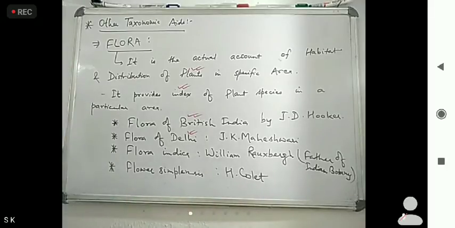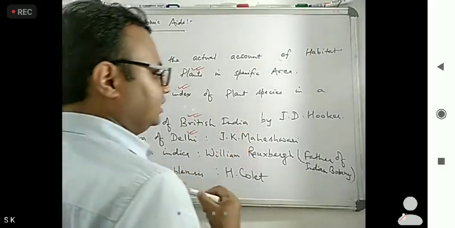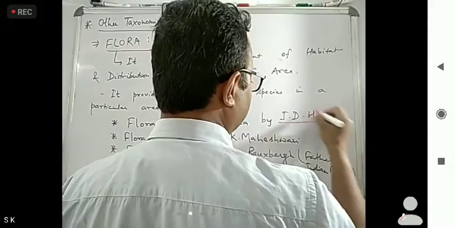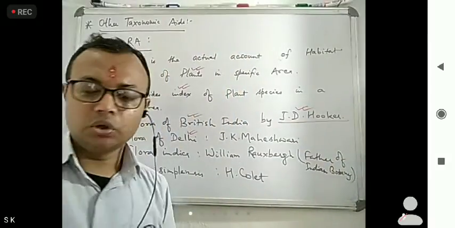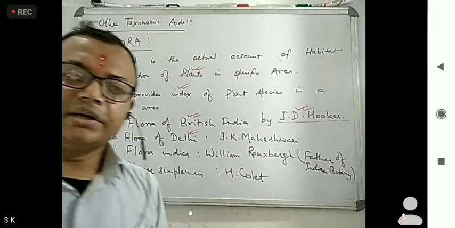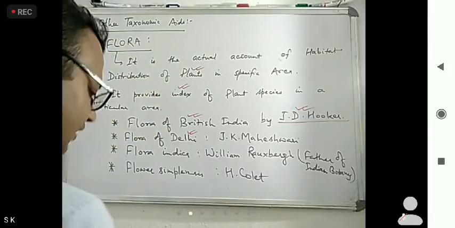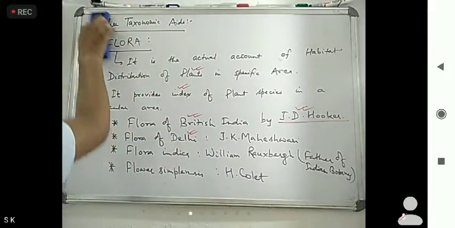Okay, so Flora Simlensis written by H. Collett. Many times I have seen this question: Flora of British India is written by whom? So that is J.D. Hooker. So this is flora.